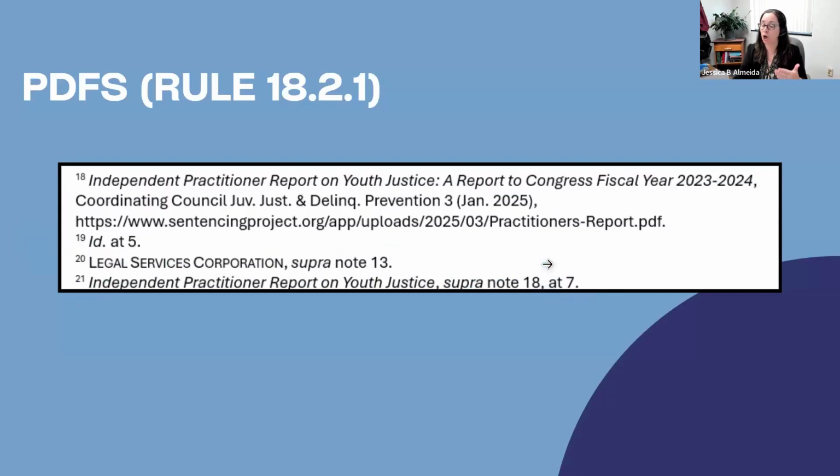I'm telling the reader, go to page 7. That's where I cited to. That's the information I'm citing. And really, the supra note is just saying if you want the full cite, you need to look at footnote 18. So you would go up here and here's footnote 18.